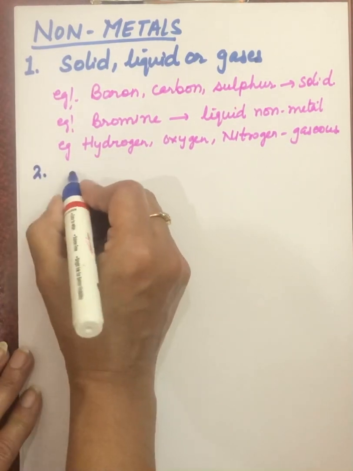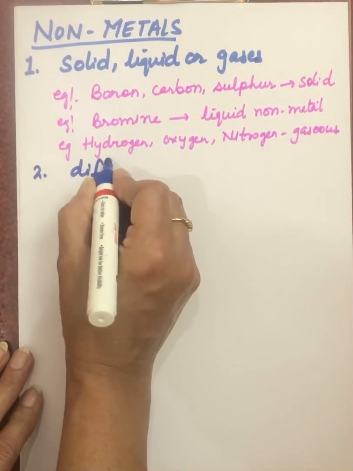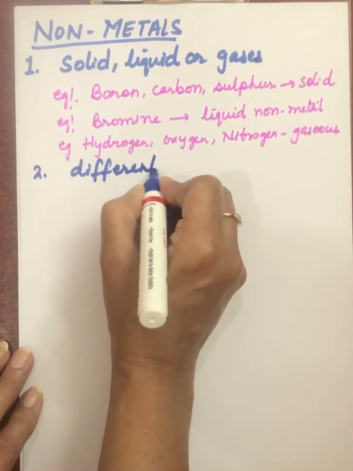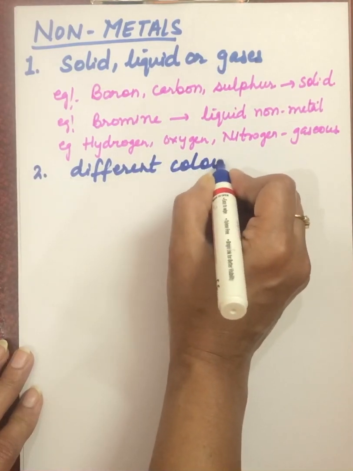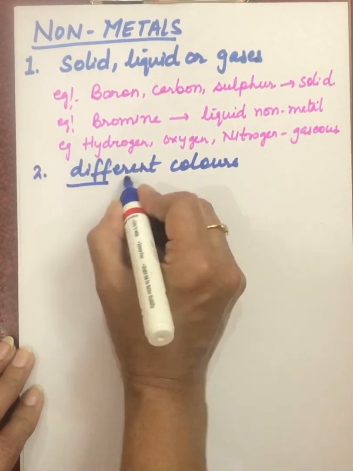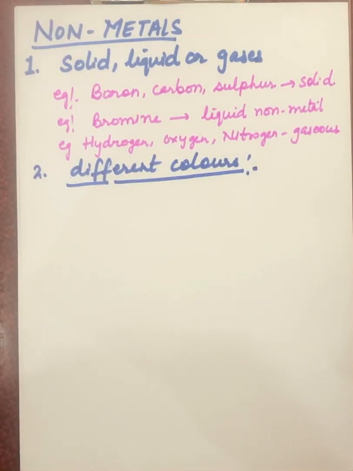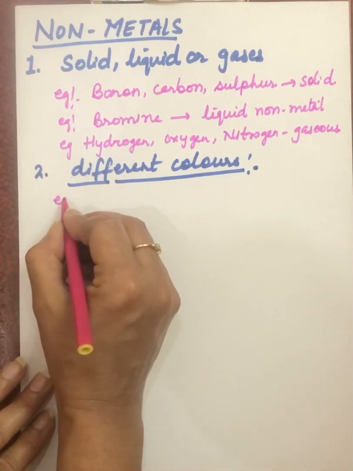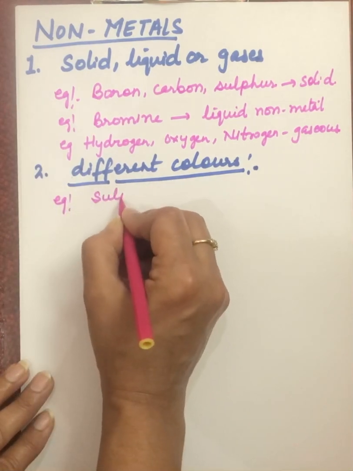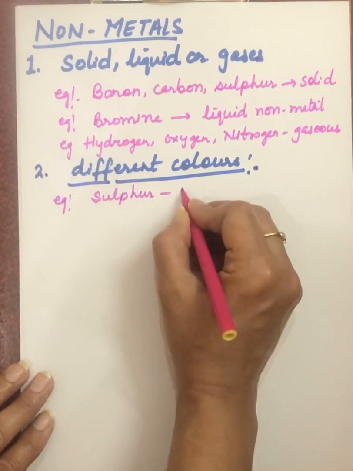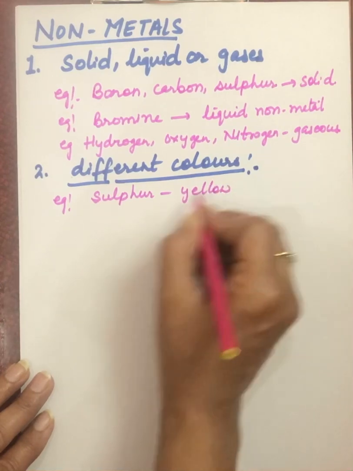Second property, non-metals have different colors. Metals mostly are grayish white in color except for copper and gold, which are yellow. Non-metals come in different colors. Like sulfur, this has yellow color.